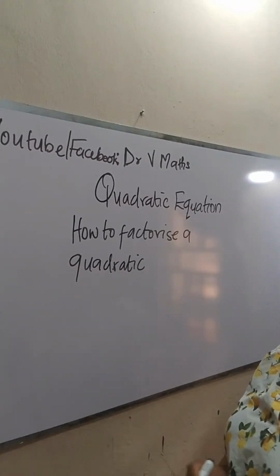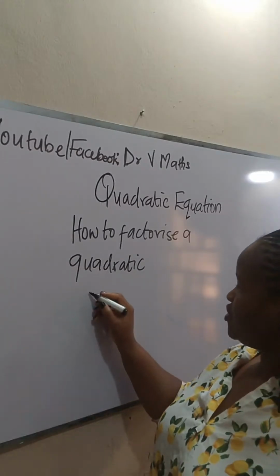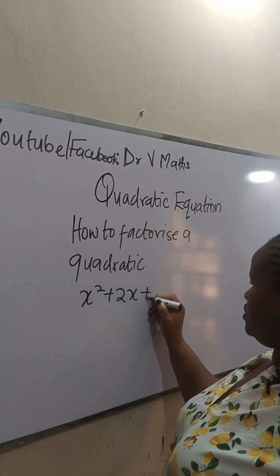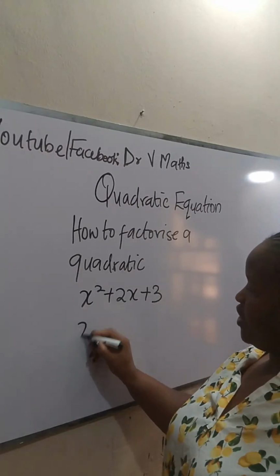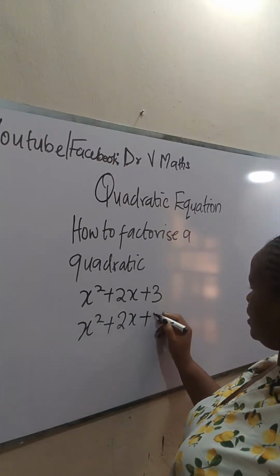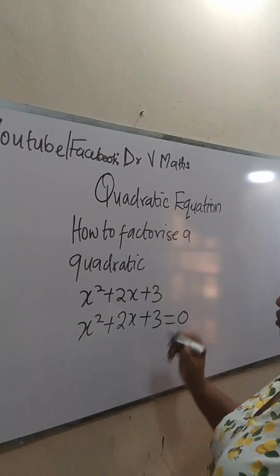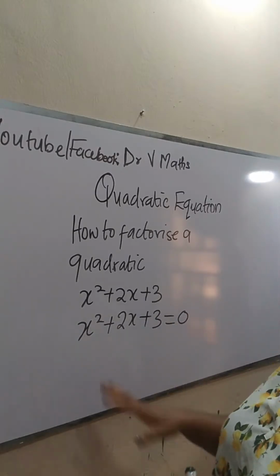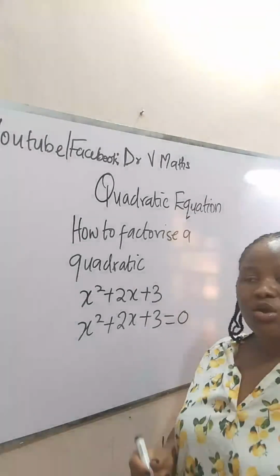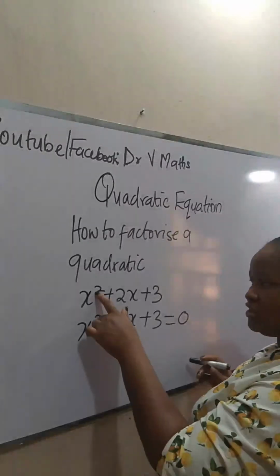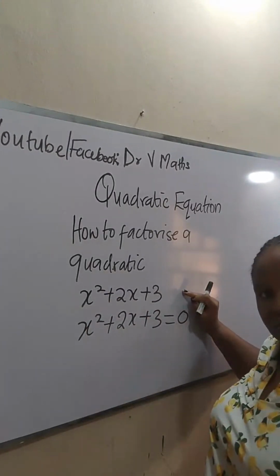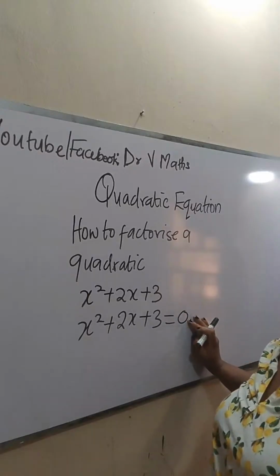Now, let me tell you something. If you have something like x squared plus 2x plus 3, and I have x squared plus 2x plus 3 equals 0, these two are mathematical expressions and they are quadratic. What makes them quadratic is this x you're looking at. This is a quadratic expression and this is a quadratic equation.